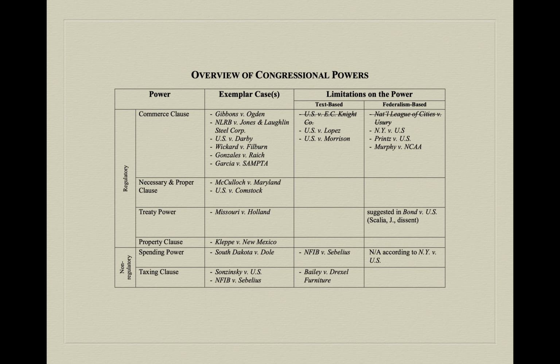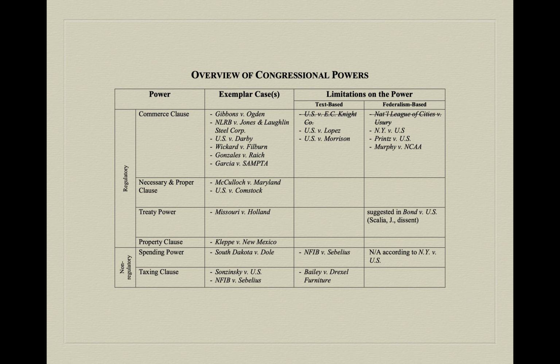Well, the first subcolumn I have listed as text-based limitations. So these would be instances where the court found that, in fact, Congress was not regulating what it said it was regulating. So think of Lopez and Morrison. The court found that Congress was not, in fact, regulating commerce. Congress said it was regulating commerce because it used its Commerce Clause power, but the court found, no, you weren't actually regulating commerce.